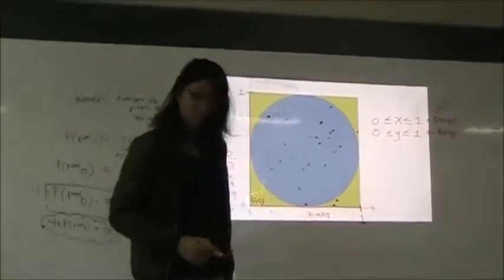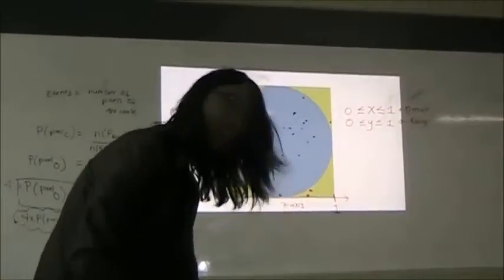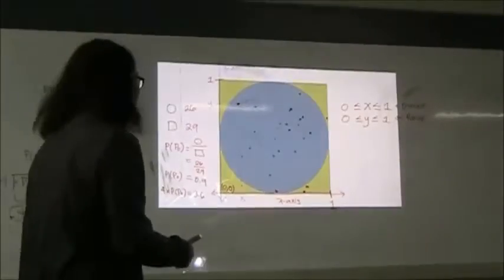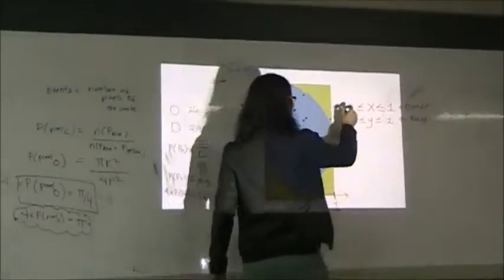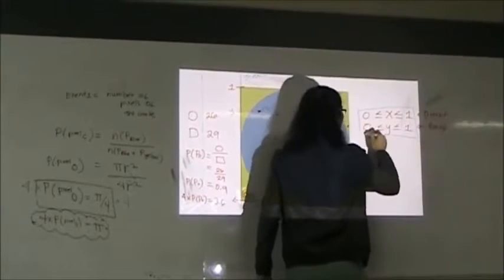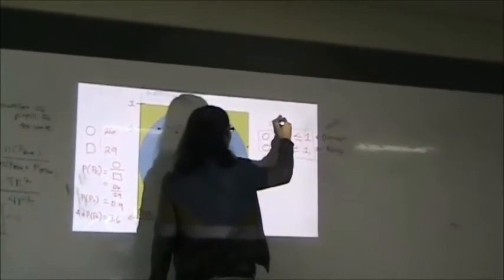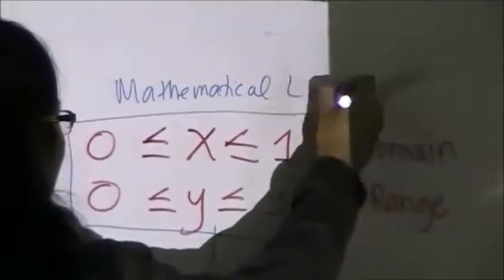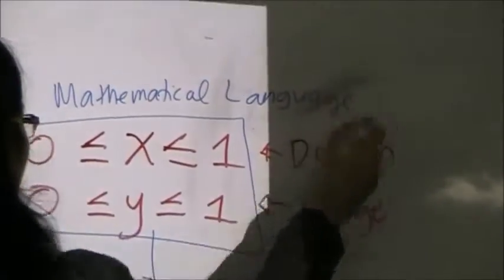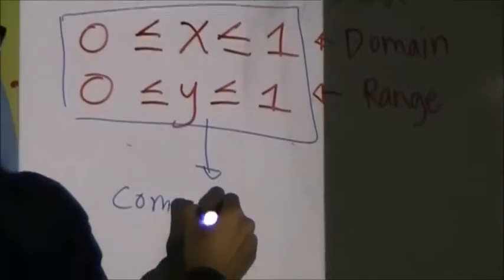The next step is we understood what we're supposed to do, right? We're supposed to do that. But the next step is to change this mathematical language into a computational language.